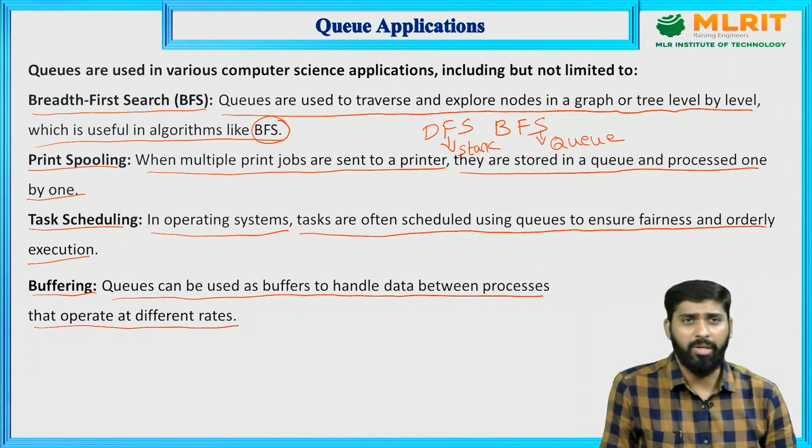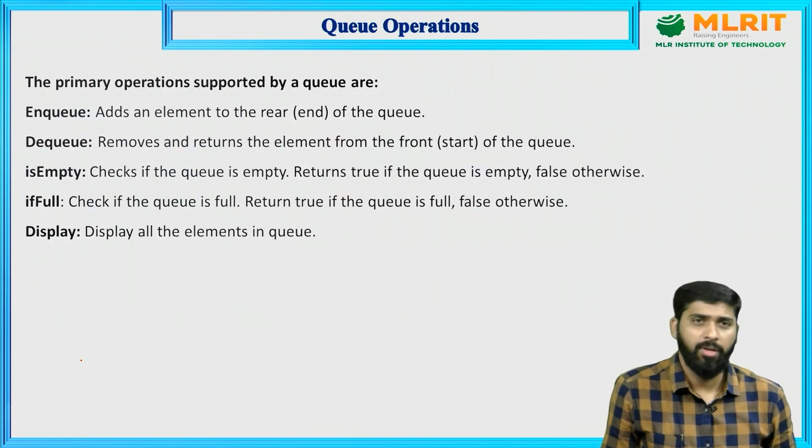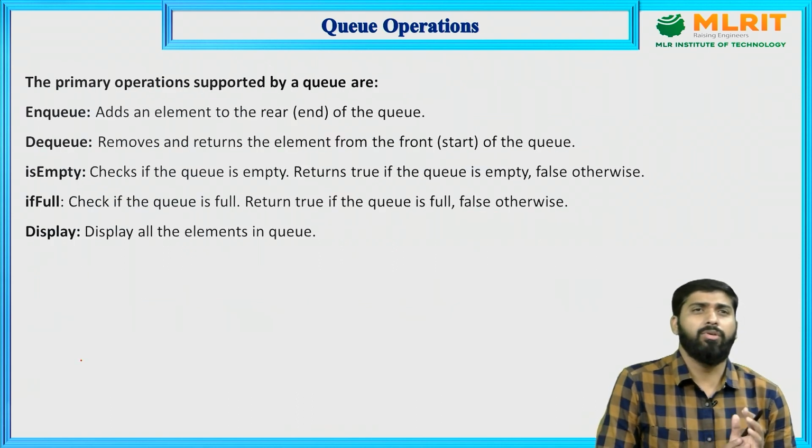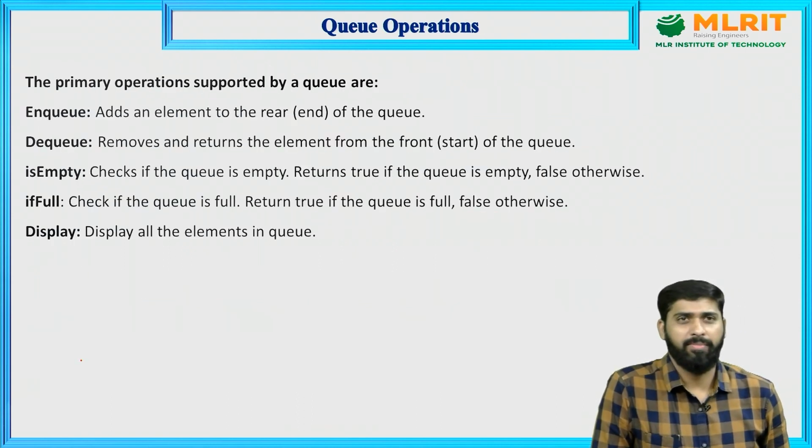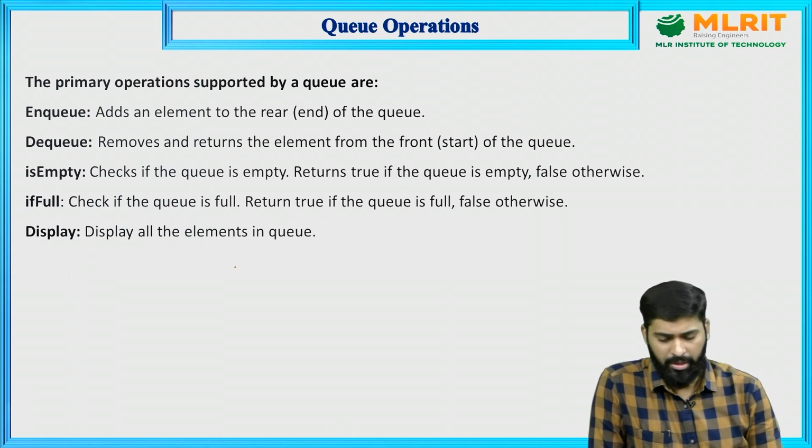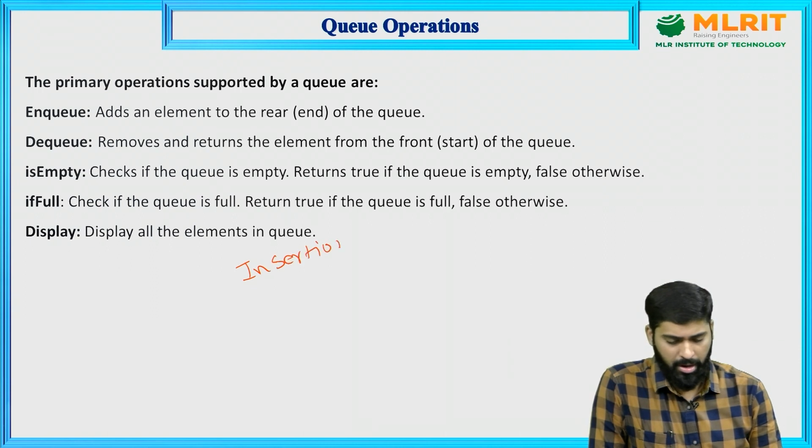In print spooling we use the queue, and in task scheduling and buffering also we use queue. So now we see queue operations. In any data structure we are going to do insertion, deletion and display.